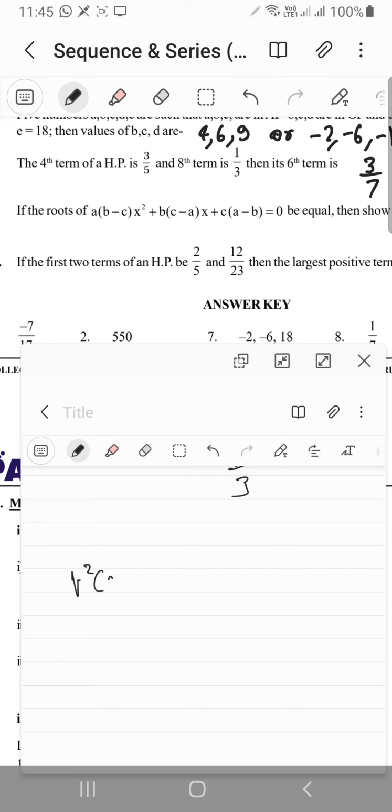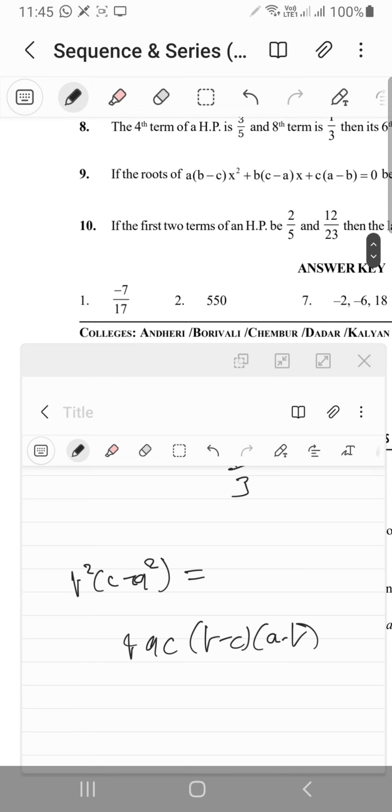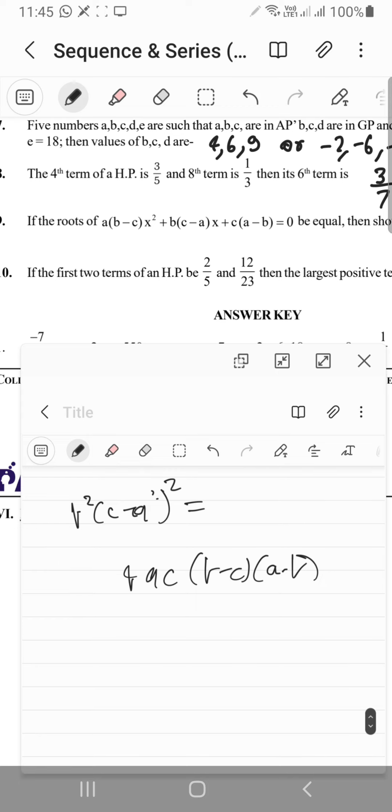So B squared (C minus A) squared equal to 4AC into (B minus C)(A minus B), I think. Okay, then show that A, B, C are in HP. Yeah, I just have to expand this.